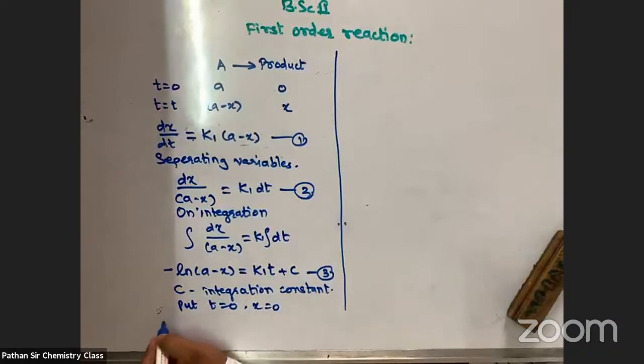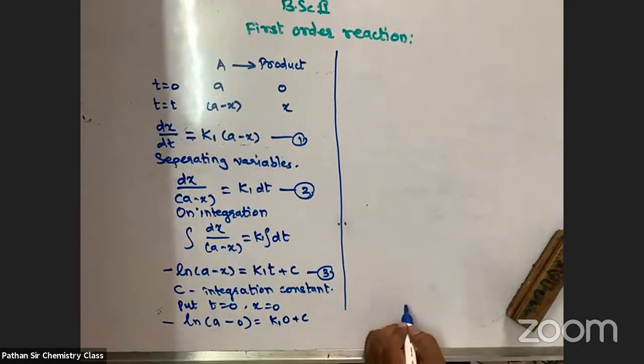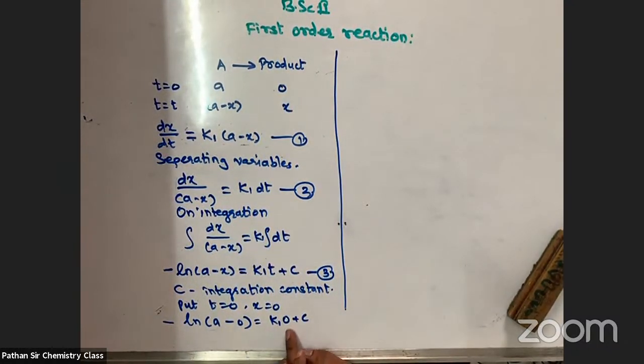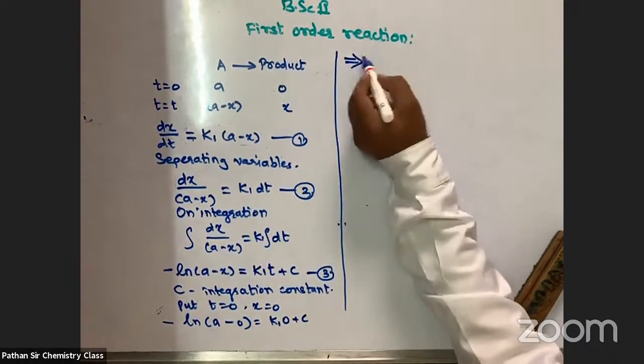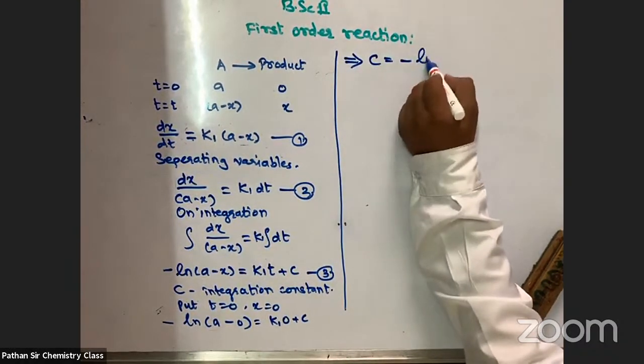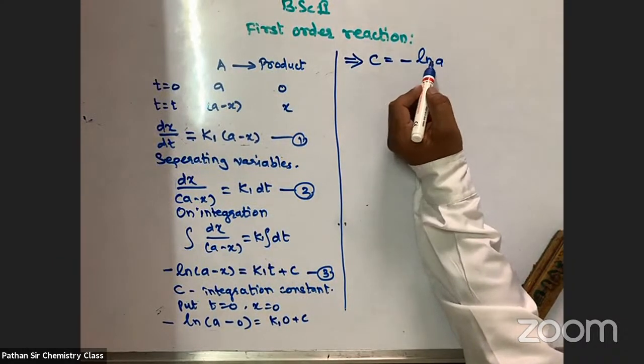So it's minus log of a, as it is, a minus 0, x being 0, is equals to k1 into t being 0, plus c. K1 into 0 becomes 0, a minus 0 is a, so it will be minus log of a. So therefore, that implies the value of c is equals to minus log of a. Now you got the value of c as minus log of a. Say it as equation number 4.